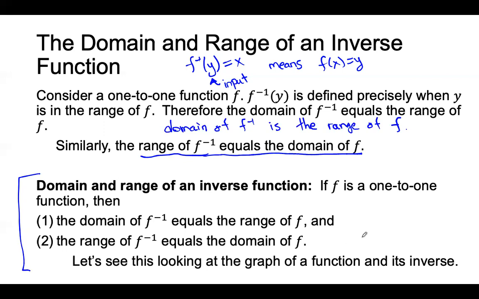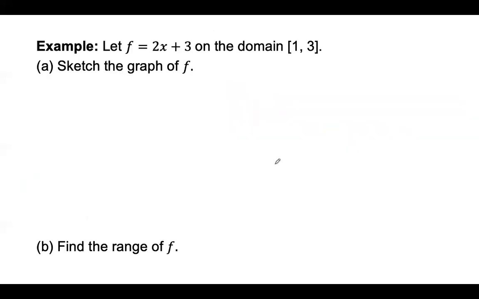So we're going to see an example of this using a graph. Suppose we have this function, f equals 2x plus 3, on a particular domain 1 to 3. So we can sketch this graph. I'm trying my best to draw straighter lines.